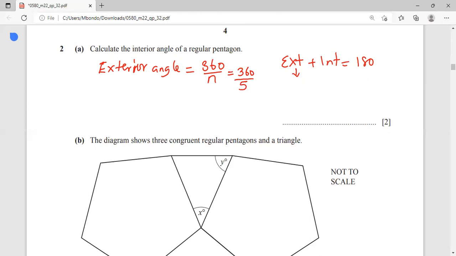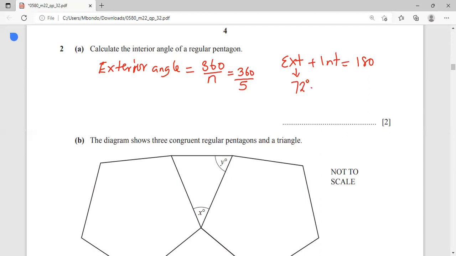So you can divide 360 by 5. You are going to get 72 degrees.